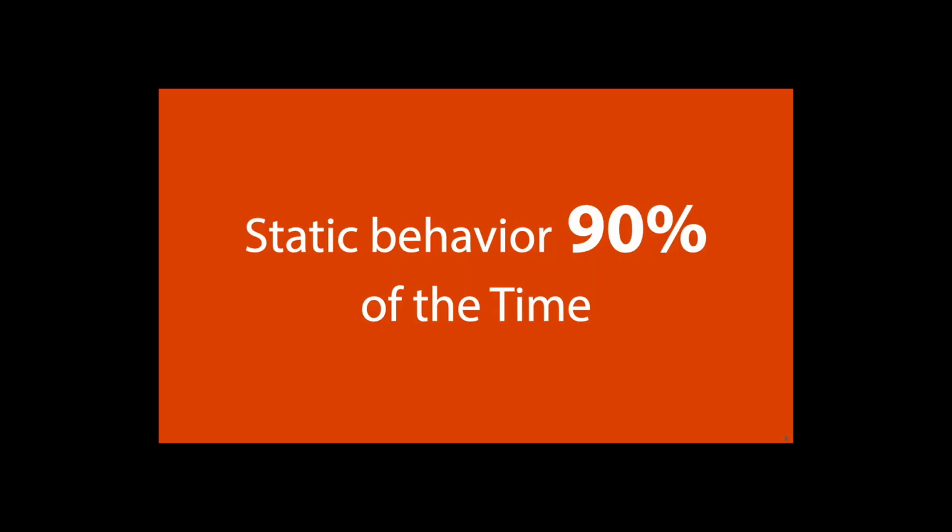And it turns out that dynamically typed languages are written in such a fashion that 90% of the time, they could have been a statically typed language. What I mean by that is that the dynamic features of these languages are really only used 10% of the time.